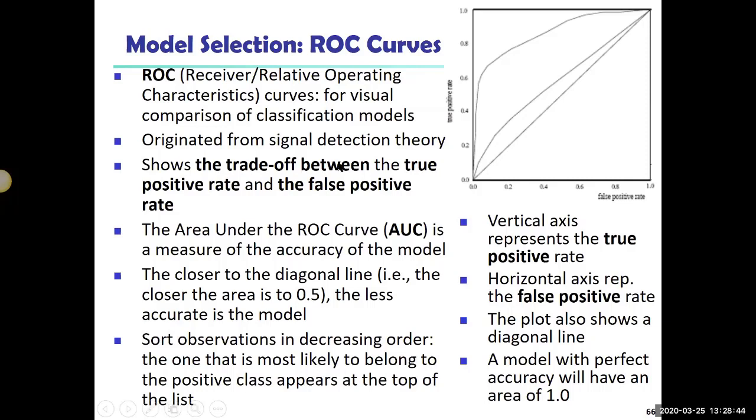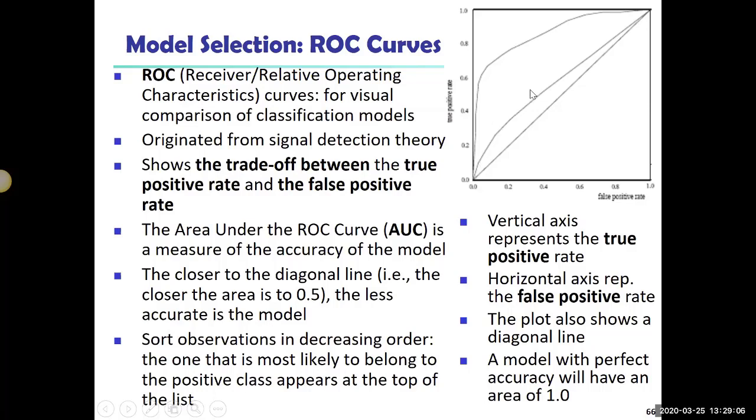So the idea is we will plot two different systems, or multiple systems, performance on this two-dimensional space. The scale is from 1 to 0 and 1 to 0. And this line represents random performance. So the system knows nothing, random guessing. The performance is going to lie on this line.